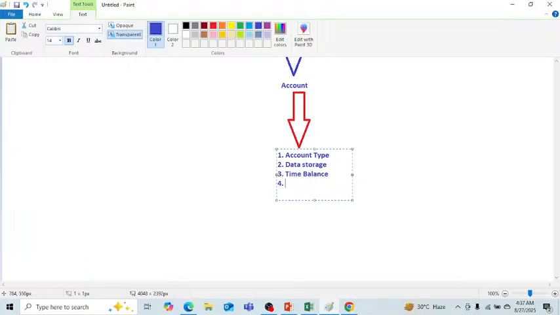The other property that we have is variance reporting, and then we have some other important properties.